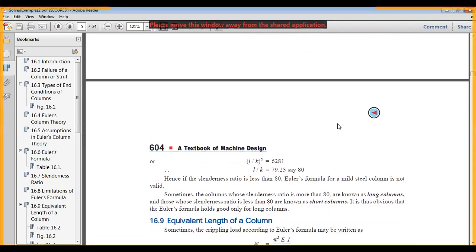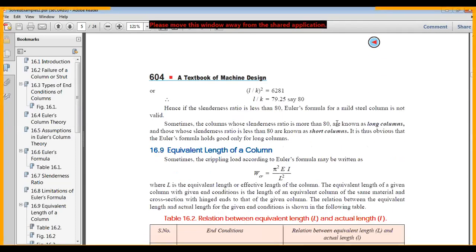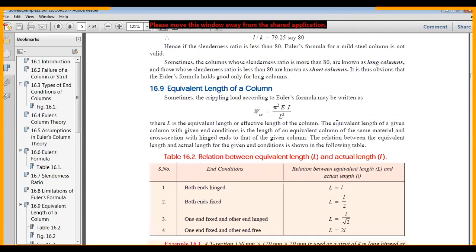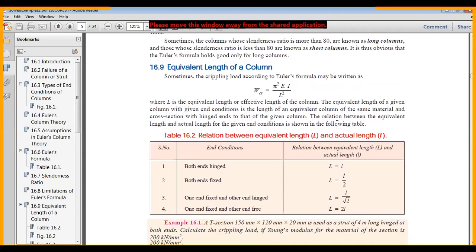This is what we have got for L by K, and the equivalent length of a column. For both ends hinged, L is equal to L. Both ends fixed, L is equal to L by 2. Then L by root 2, and L is equal to twice L. These four values are to be taken in the respective cases.